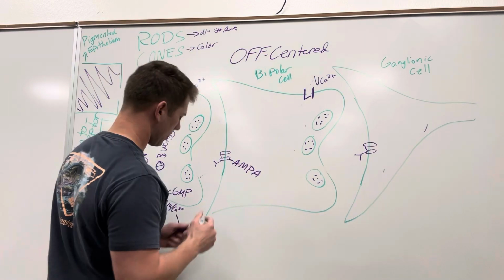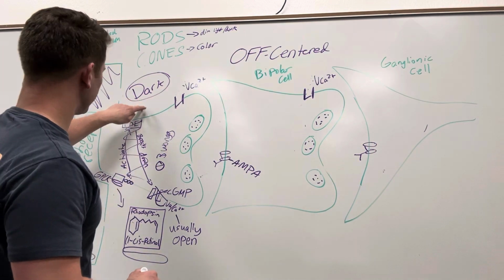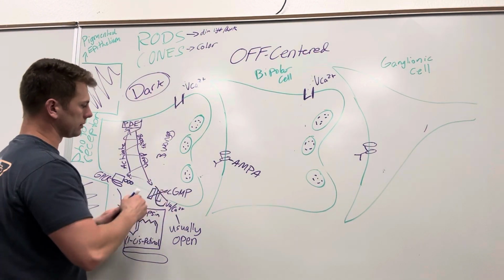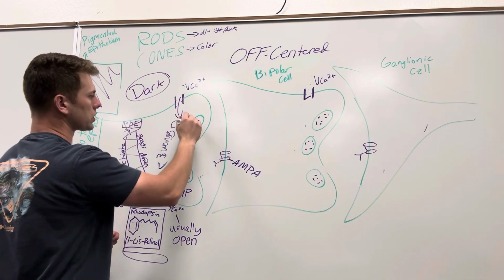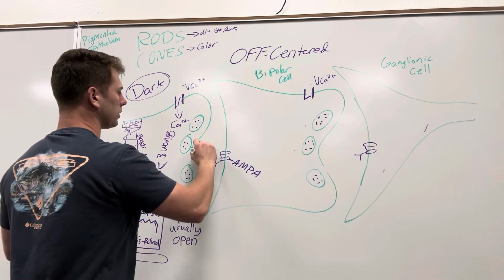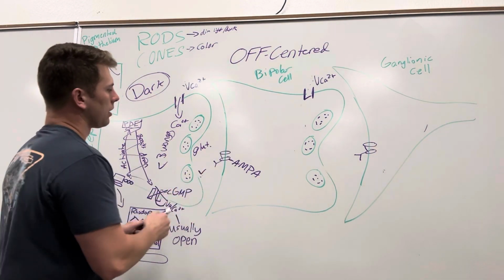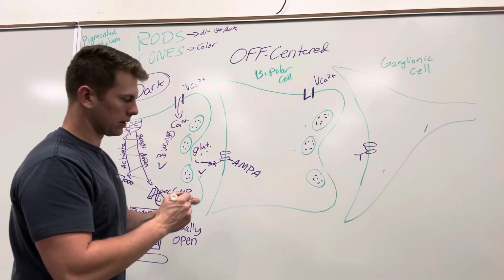AMPA. And so, remember, when it's dark, none of this will go on, right? So we will have a blip, check. Release of calcium, check. We have glutamate, GLUT for short, check. We have these neurotransmitters, will bind to AMPA.